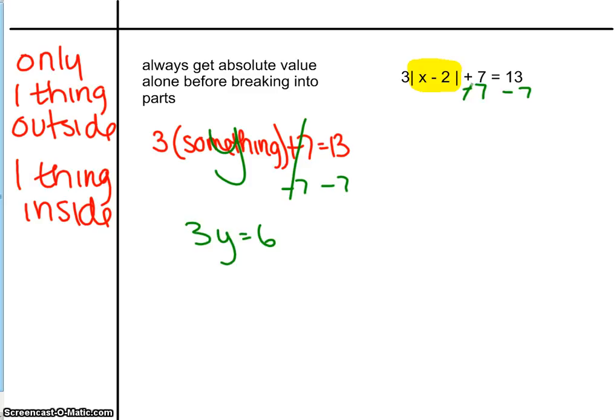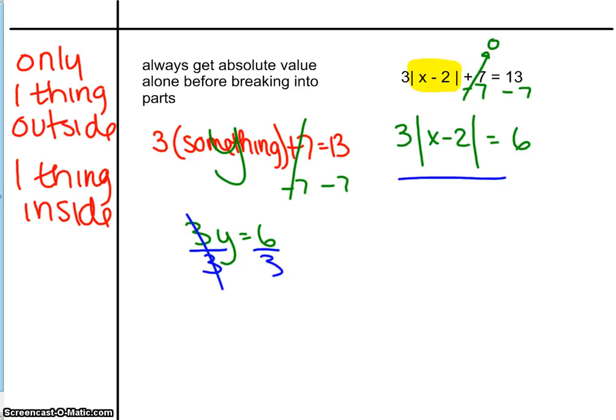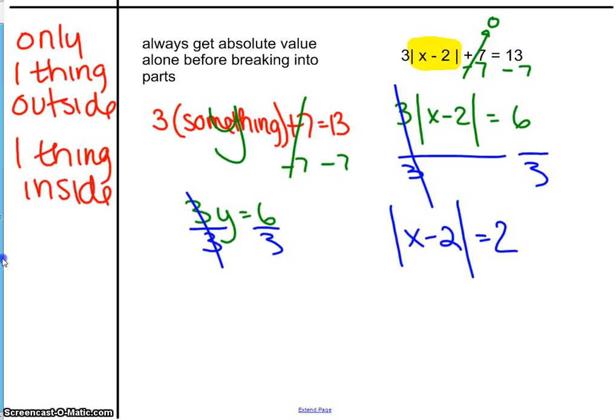I want to subtract 7. I want to get that to go to 0. Then I'd have to get that something by itself and divide both sides by 3. Same idea. I'm going to divide by 3. So absolute value of x minus 2 equals 2. That is now the equation that I want to solve.